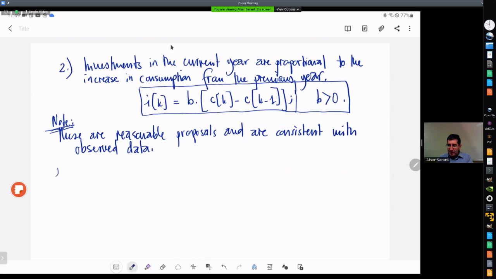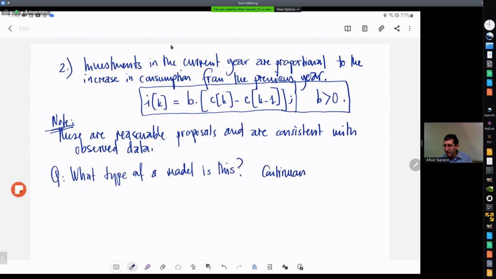So think about what type of model this is. Is it continuous or discrete time?